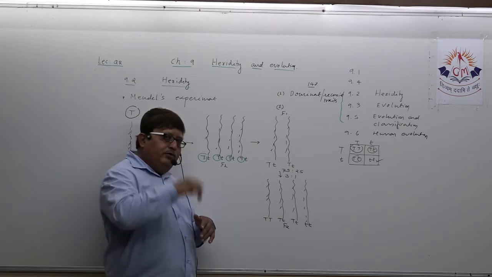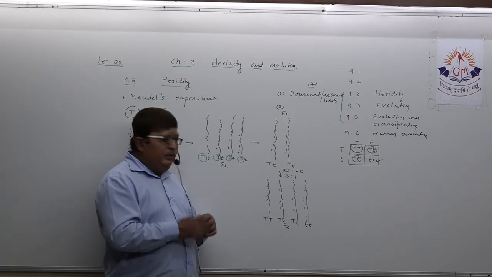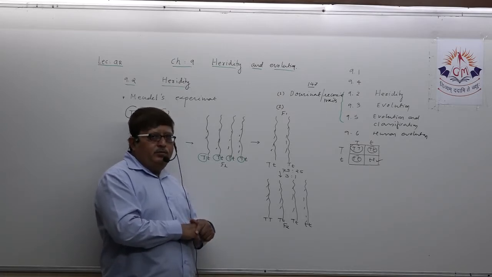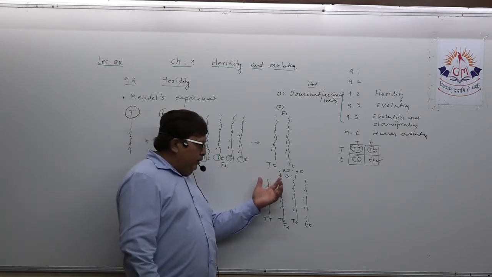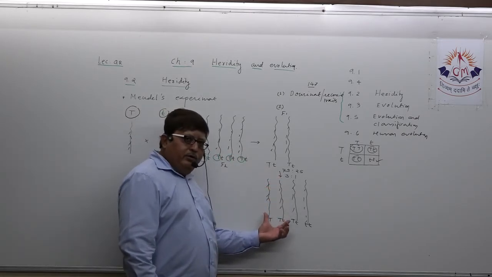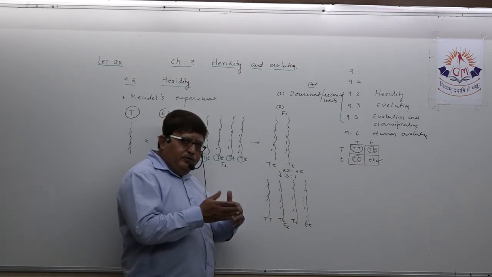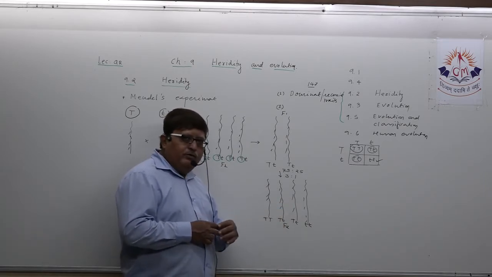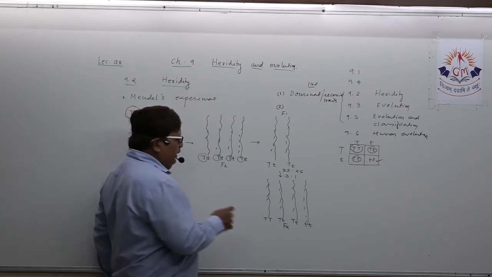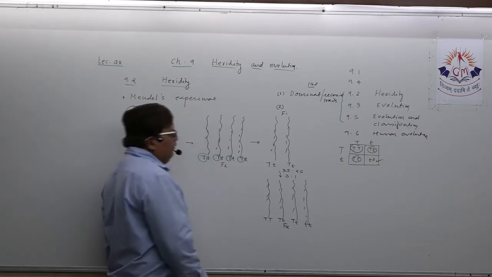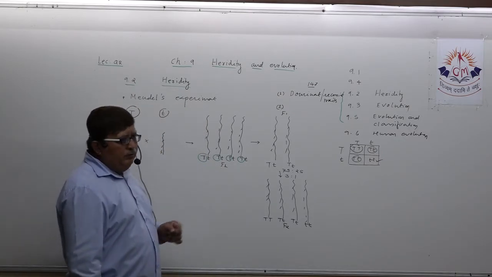But when he produces the next generation, this is not going to happen. There will be a mix up of the characters. You understand that the trait for tallness, no doubt because it's a dominant trait, will be expressed more, but the trait of shortness will also appear, and for shortness the combination tt is required. So this is the way you can give the answer to the first one.